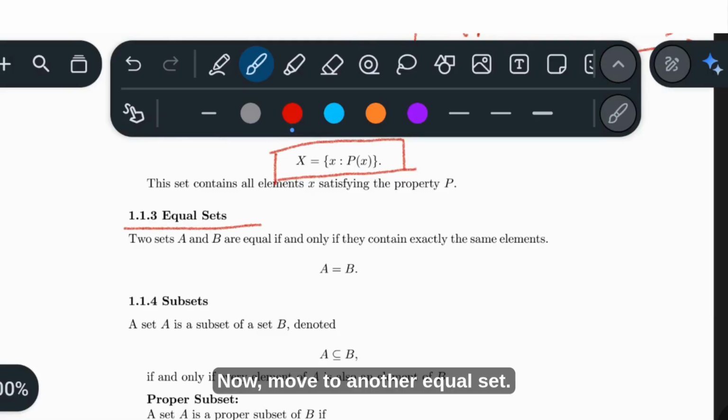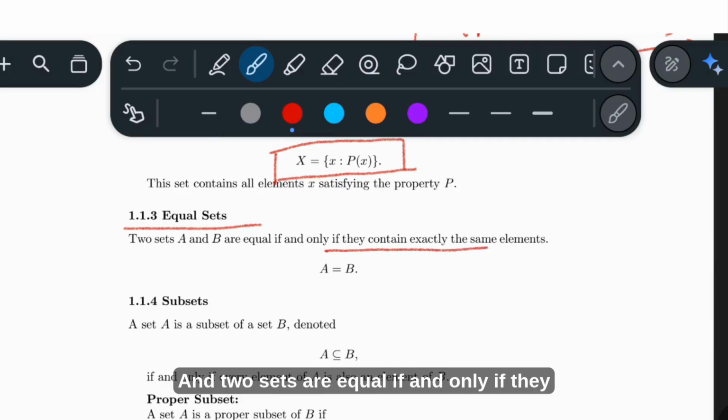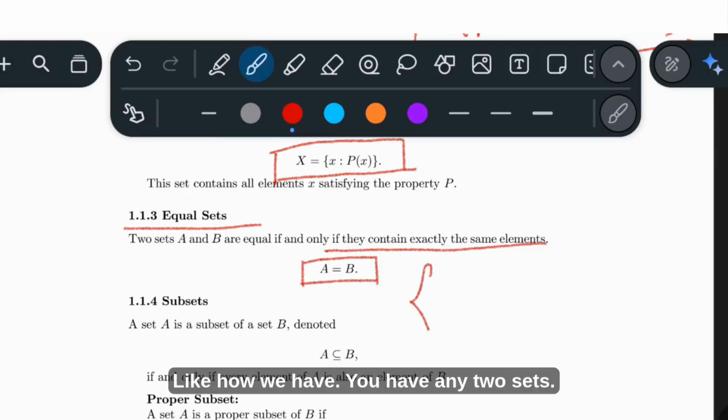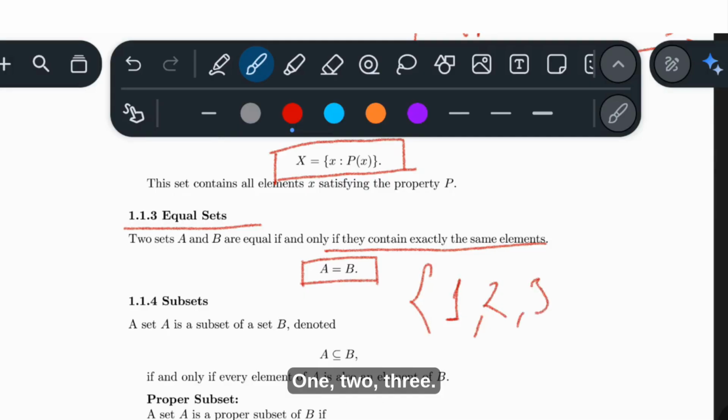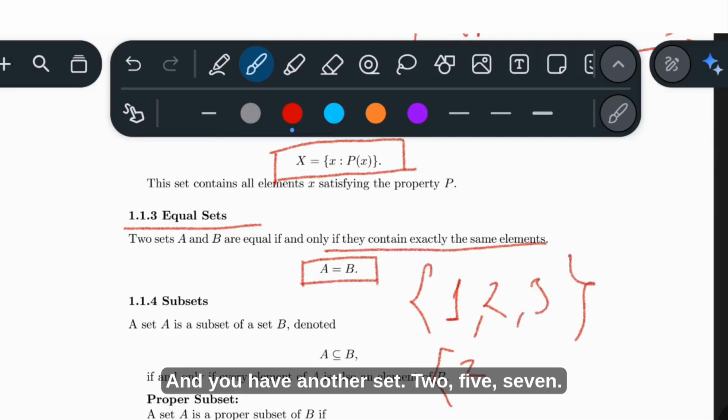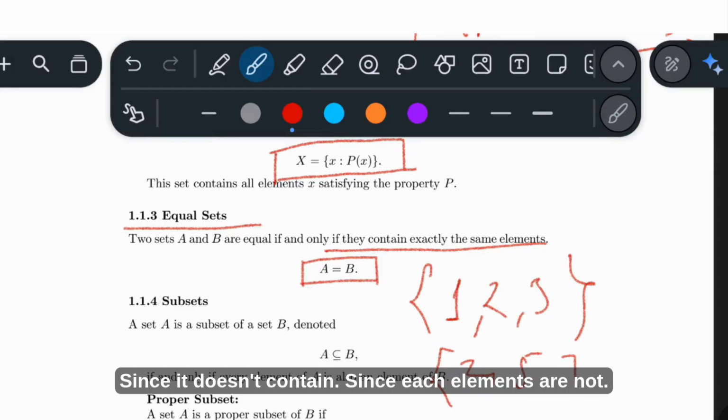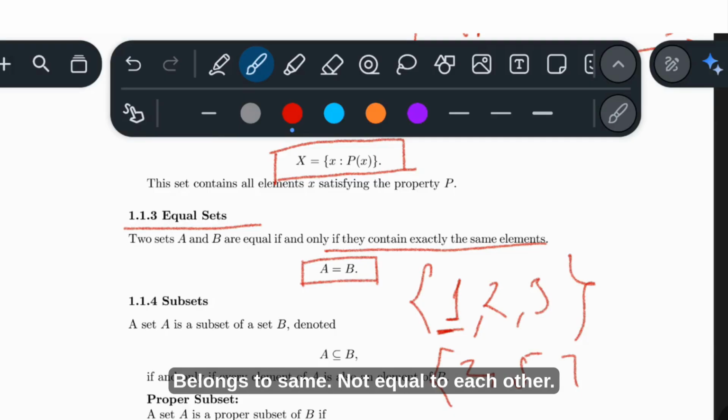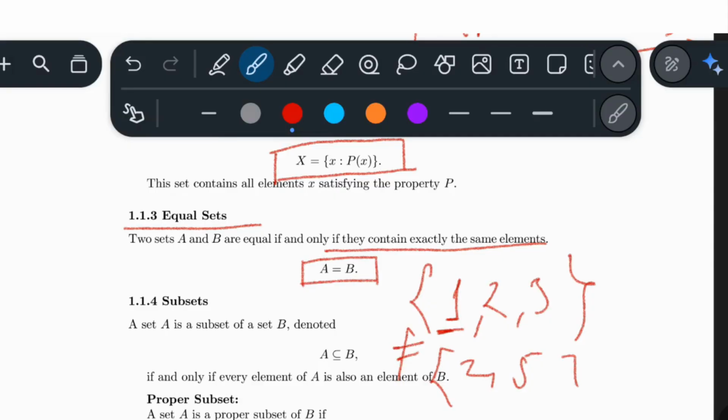Now move to equal sets. Two sets are equal if and only if they contain exactly the same elements. For example, if you have one set 1, 2, 3 and another set 2, 5, 7, since the elements are not the same, we cannot say that these two sets are equal.